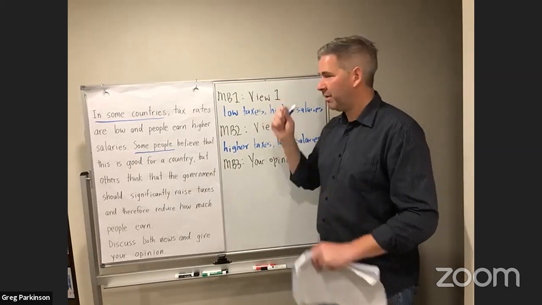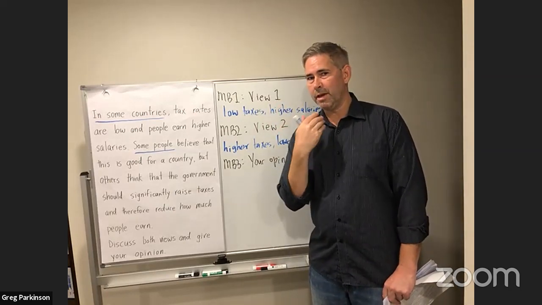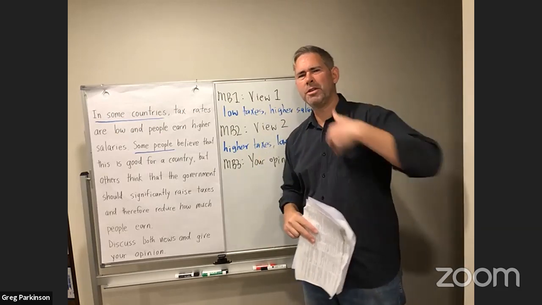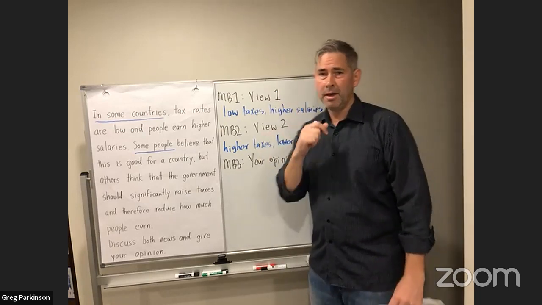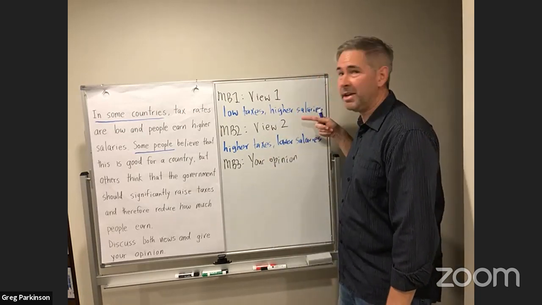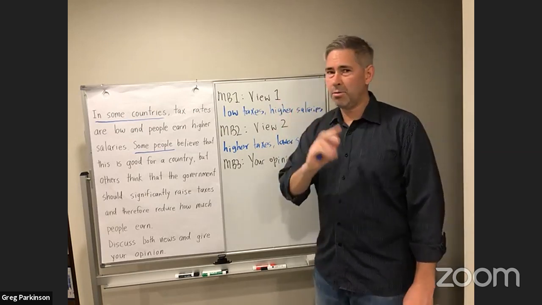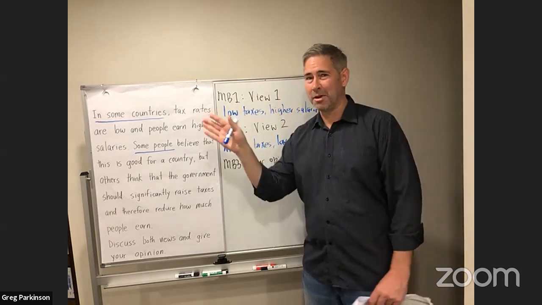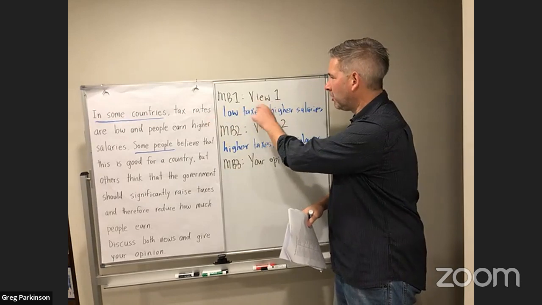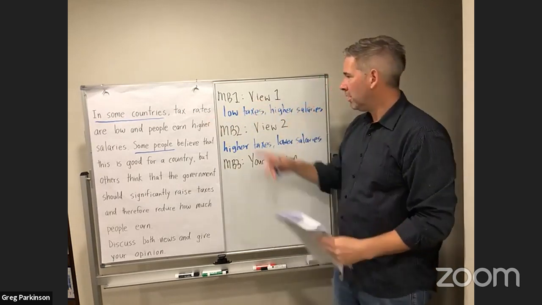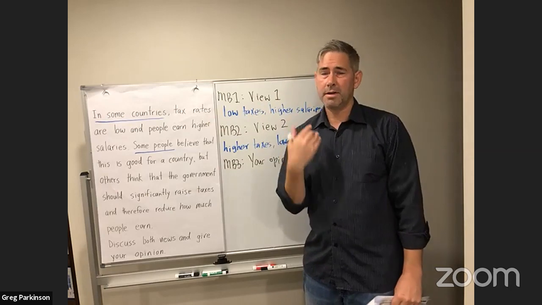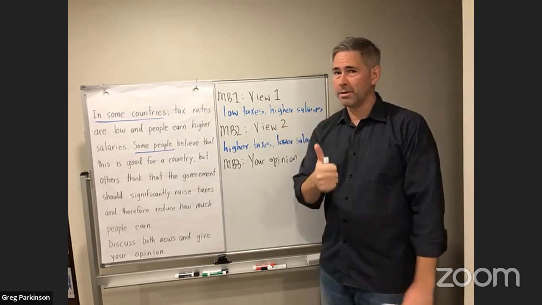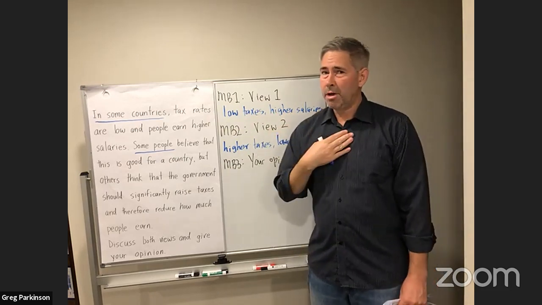So what's important is in this essay, when I talk about view 1, I suggest not trying to incorporate your opinion into view 1, and don't try and incorporate your opinion into view 2. In other words, what you're doing is you're going to report, right? So there's a difference between reporting and giving an opinion. Here, I'm going to report why some people think that low taxes and high salaries is a good thing. I'm going to talk about some reasons why some people think this is good. But I'm not going to say it's my opinion.